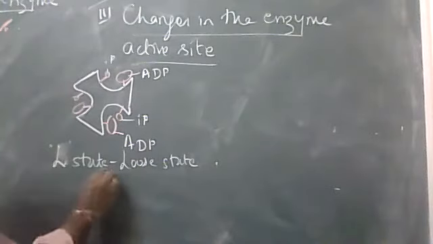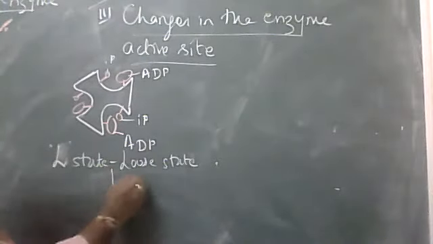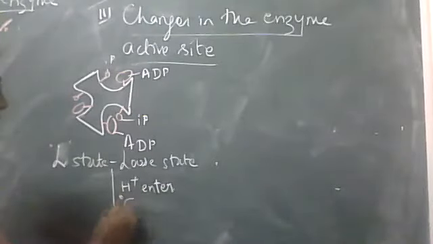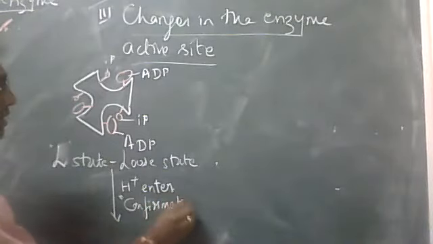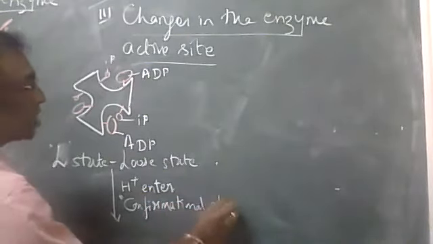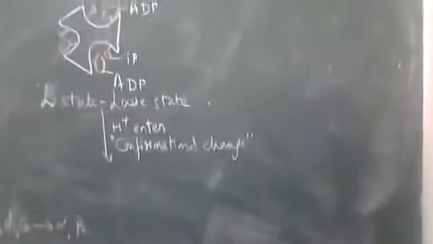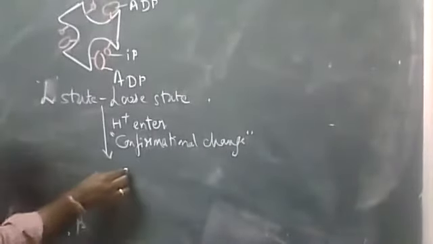Understood? After protons enter, what is the change it will bring in the protein? After conformational change, only then the active site will change. Understood? So now we should draw the diagram.